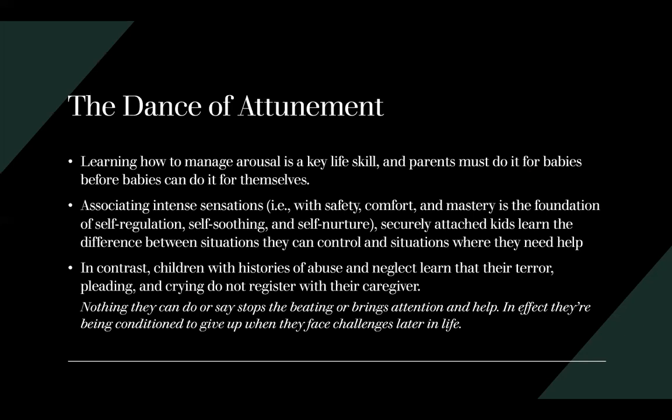So attunement is, as I mentioned before, when a child signals distress, discomfort, whatever, that the caregiver attends to that. Also, when the child is squealing with joy or having a good time, that the caregiver engages in that as well. So there's this predictability and symbiotic nature. There's this, again, mirroring that happens between the child and the caregiver.